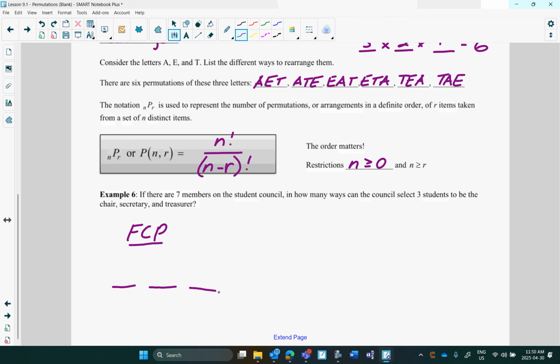How many possible choices are there for the chair? 7. So somebody's been appointed the chair. There's only 6 left to appoint the secretary, and then 5. And we get 42 times 5, which is 210.